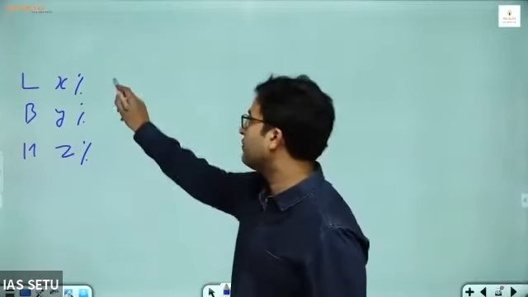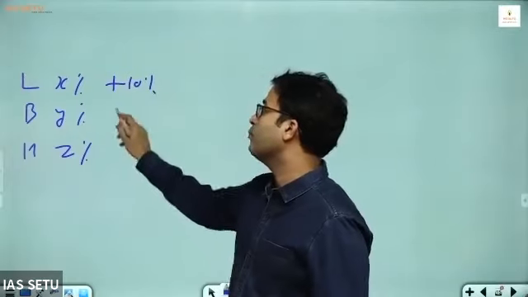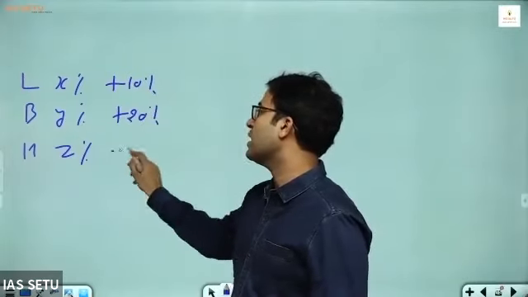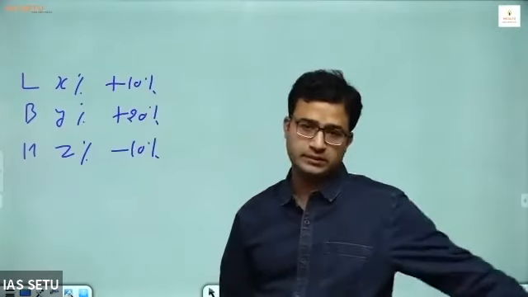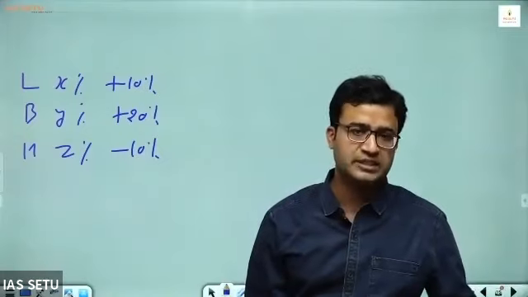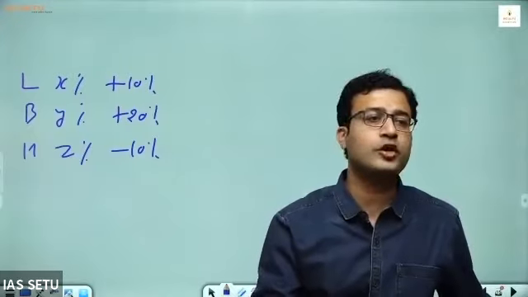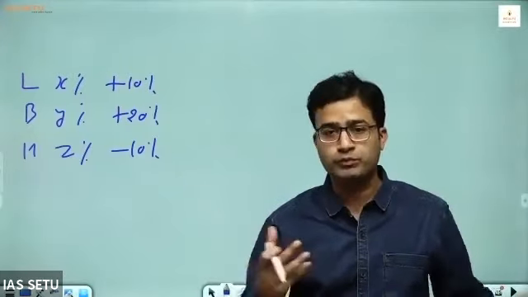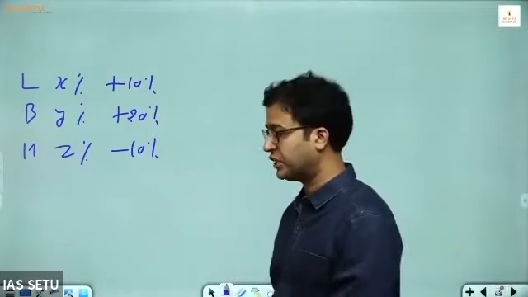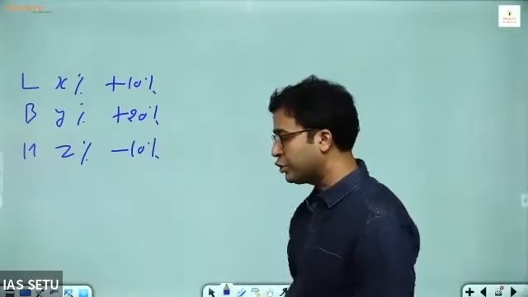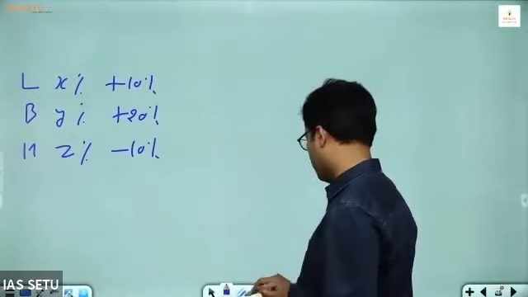For example, length increased by 10%, breadth increased by 20%, and height is reduced by 10%. Then they ask by what percentage the volume of the cuboid, 3 dimensions of volume, will change. Now here, IUC, for you I give you the formula.